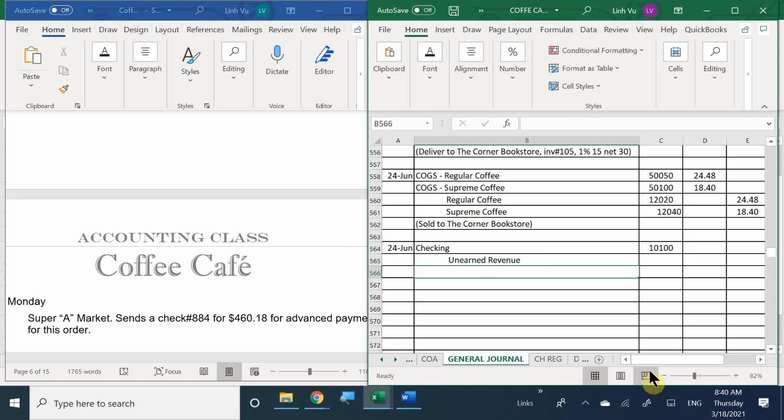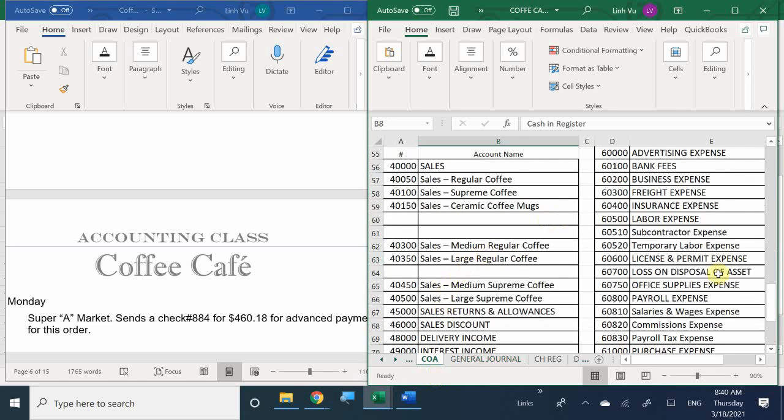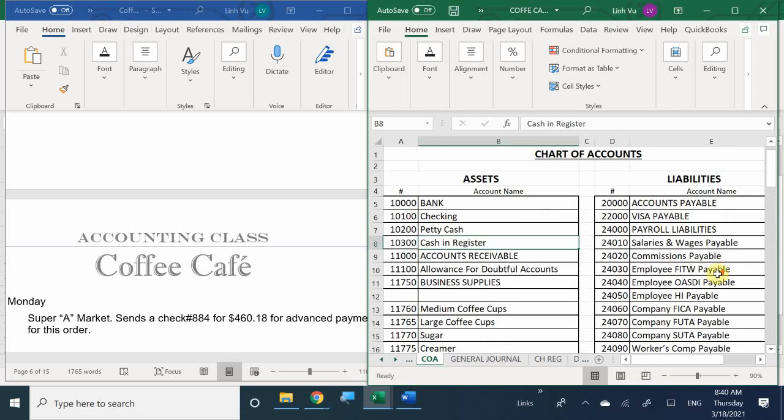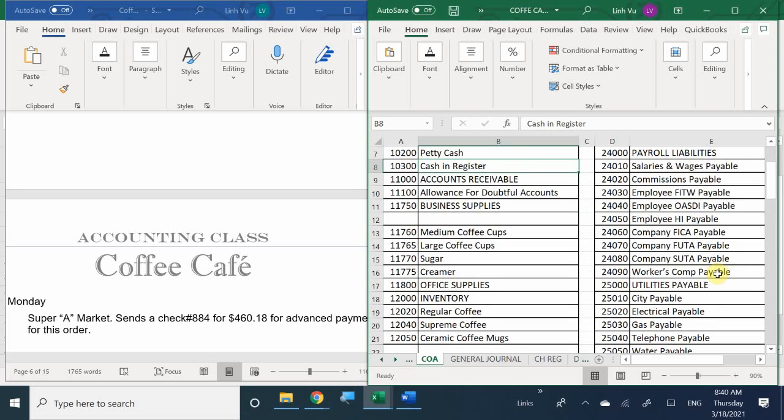Good. Now let's go ahead and check in our chart of accounts. What is unearned revenue? 26,000, I believe. That's right. 26,000. Good.